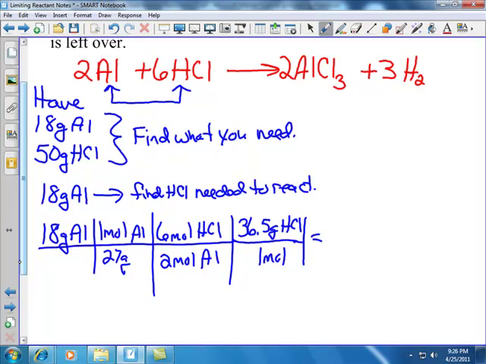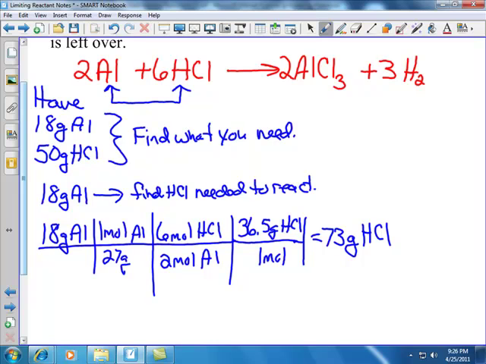Okay, and in doing this, I got a really high number, so I'm going to check it again. Okay, got the same number twice. So this means I need 73 grams of HCl.